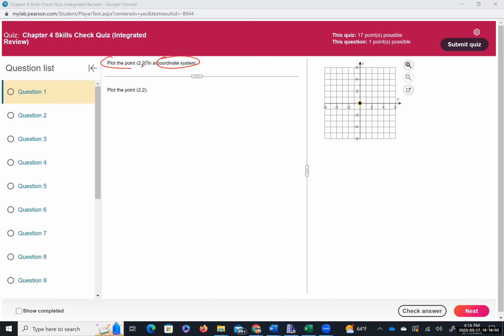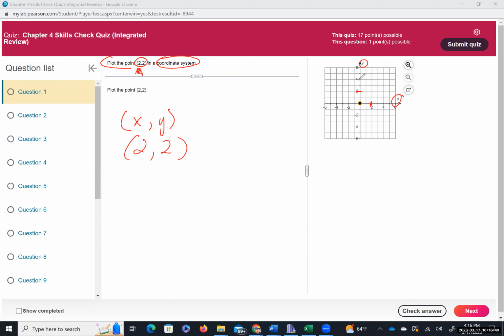All right, so the point that we are looking for right now is (2, 2). Keep in mind that (2, 2) is in the order of x, y. Which means the x value is 2 and the y value is 2 also. The x axis is the horizontal one, and the y axis is the vertical one.